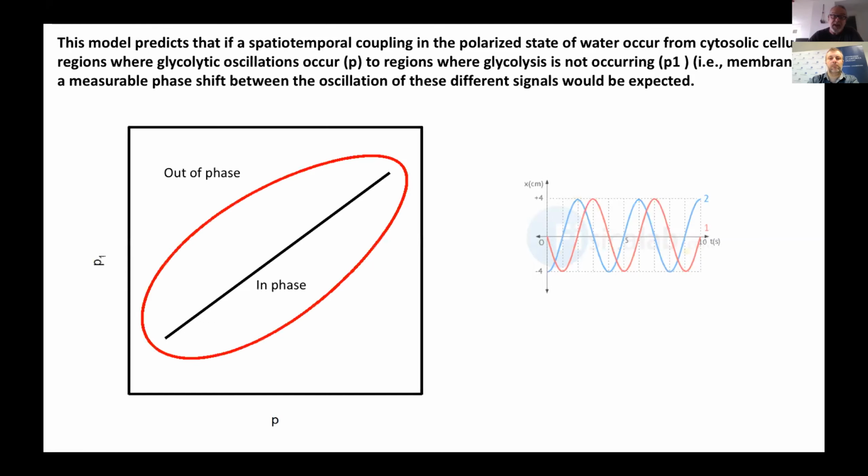And you can do the phase plot. If you have in-phase waves, you will have this linear response. And if it's out of phase, you will have this sort of response in this phase plot.